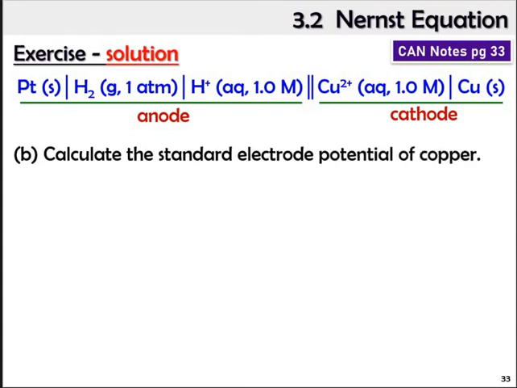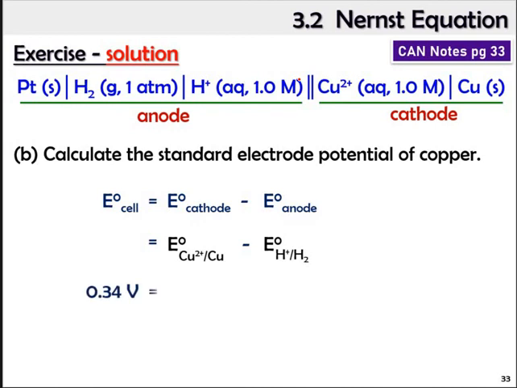And then calculate the standard electrode potential of copper. Okay, because of the concentration there and the pressure given pada standard condition, so we use E naught cell. Okay, dia minta apa standard electrode potential of copper. Okay, so dia minta copper. Standard electrode potential for copper ni adalah E naught Cu2+|Cu.